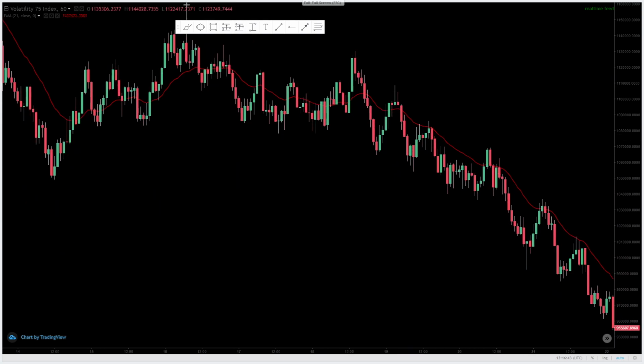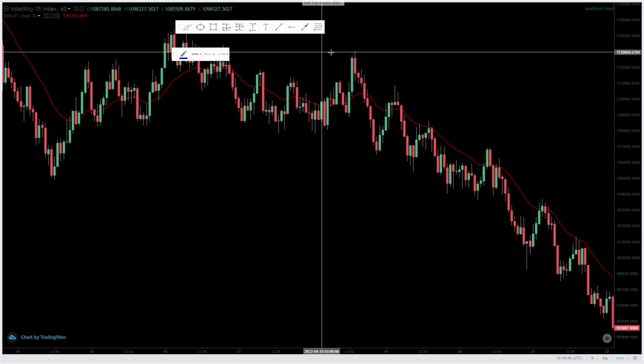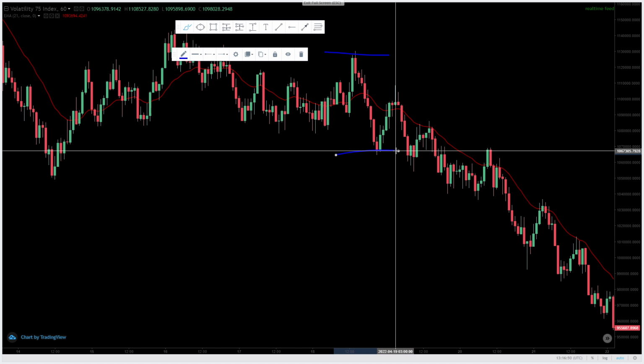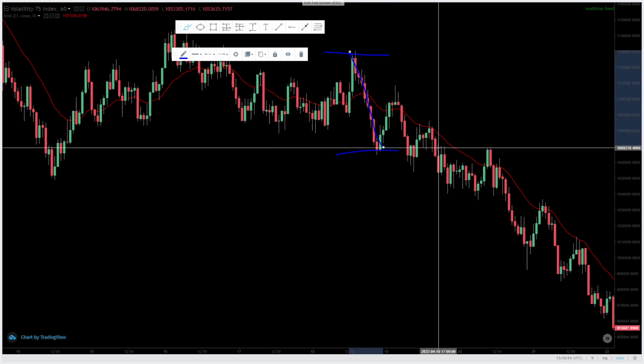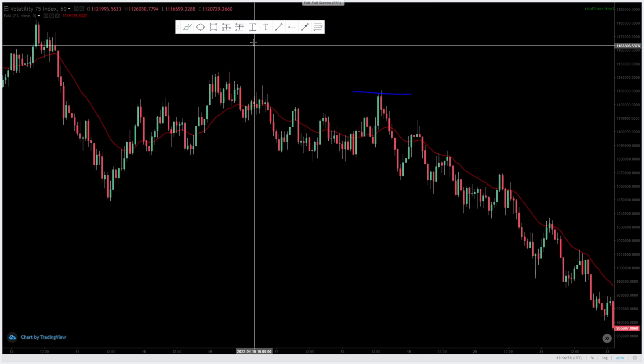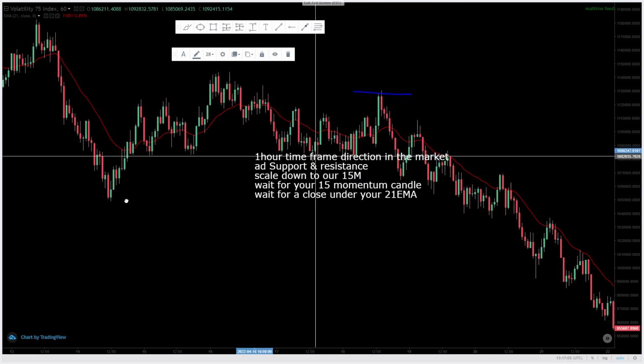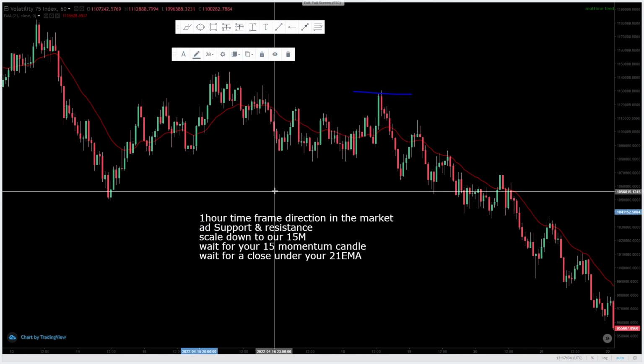Let's make this example from here. You see price starting to create lower highs and lower lows, right? We can already see that from this move to the downside. That is what we first have to do.